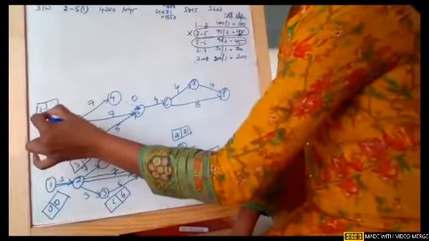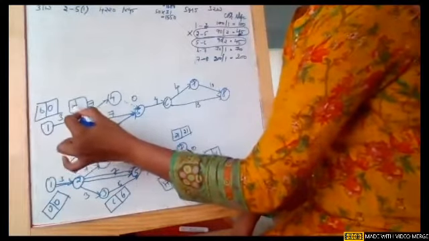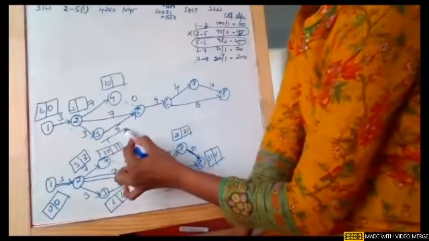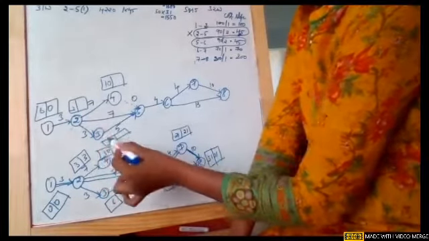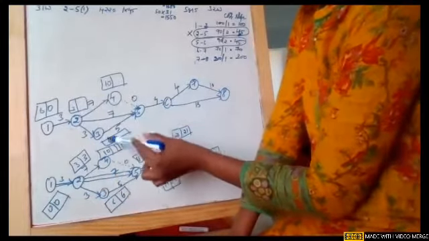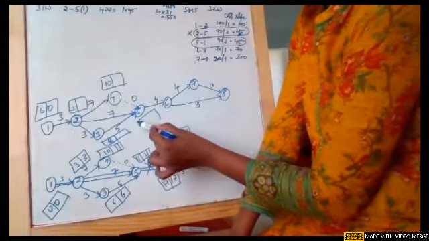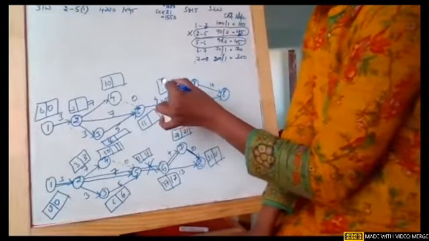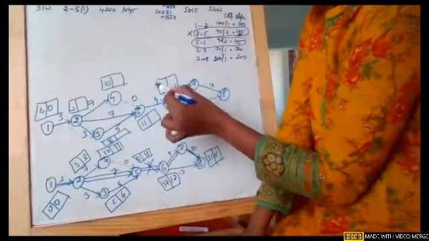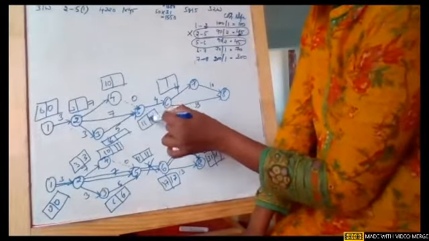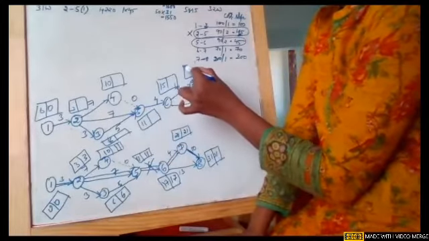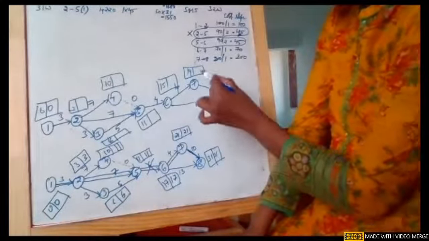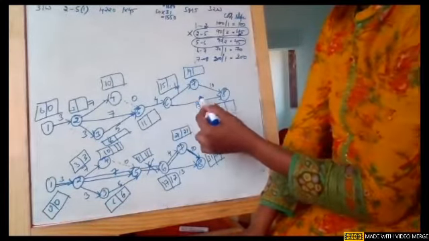So again, find out earliest and the latest times. 3 plus 3, 6. 6 plus 5, 11 again. 11 plus 4, 15. 15 plus 4, 19. 19 plus 10, 29. 15 plus 13, 28.